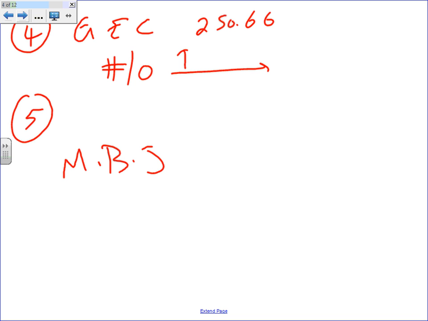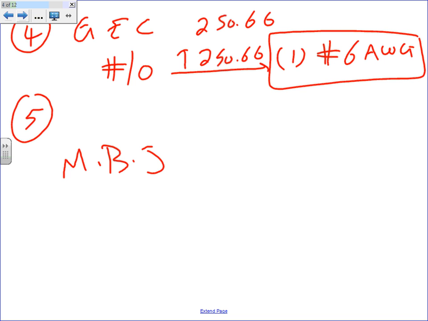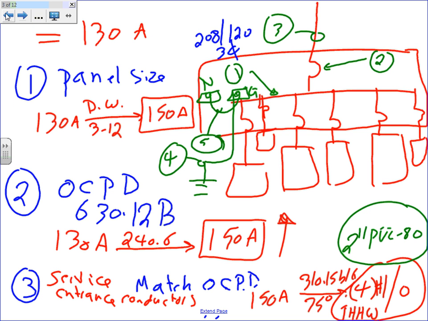Take this one to table 250.66, and that will get you a number 6 AWG conductor. It could be copper, bare, insulated, or covered. That's the grounding electrode conductor. Everybody knows where it is located: it goes from here down to the ground rod, or to the water, or to the steel of the building.